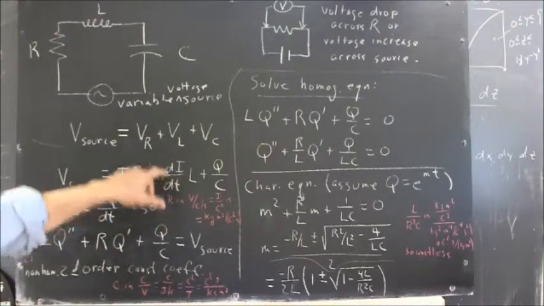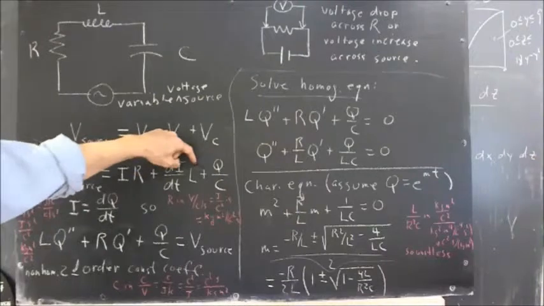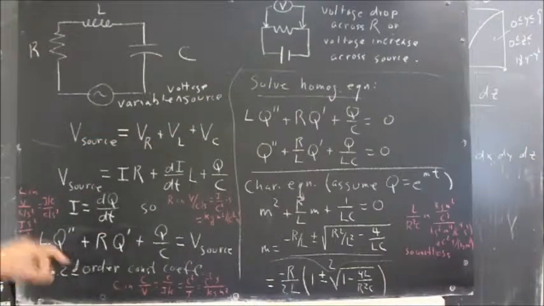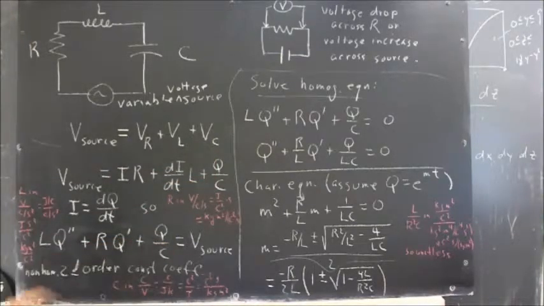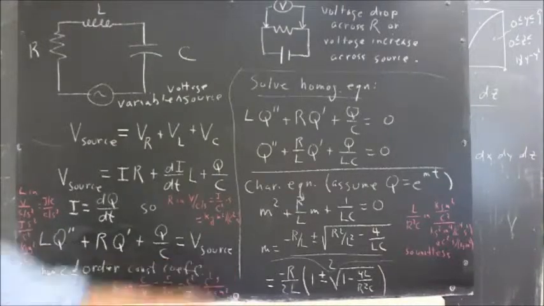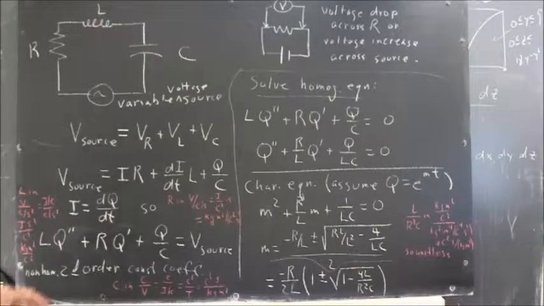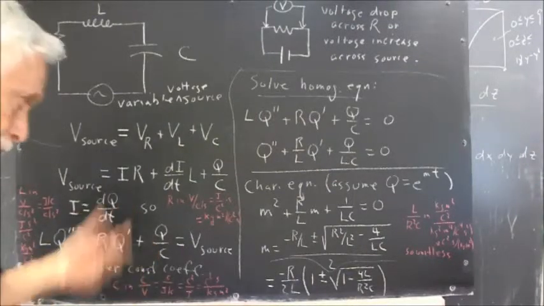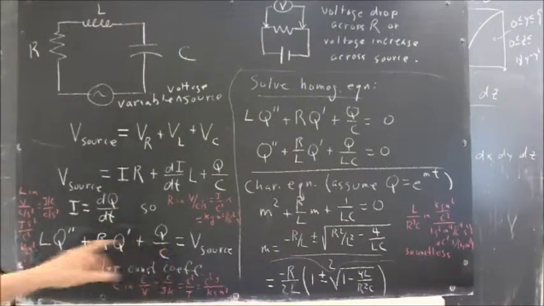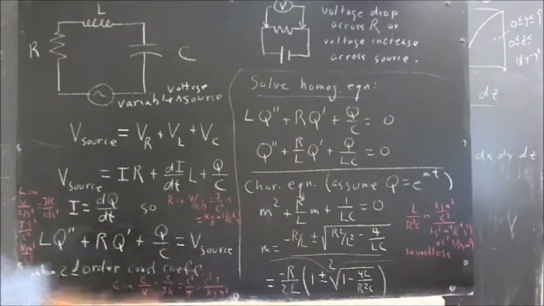So we have a term where we have the second derivative of Q multiplied by L, and that's our L Q double prime term. And then we have our Q over C term, and now we have a non-homogeneous second order constant coefficient differential equation. L is constant, R is constant, C is constant, so the reciprocal of C is constant. And this is all equal to our voltage source.